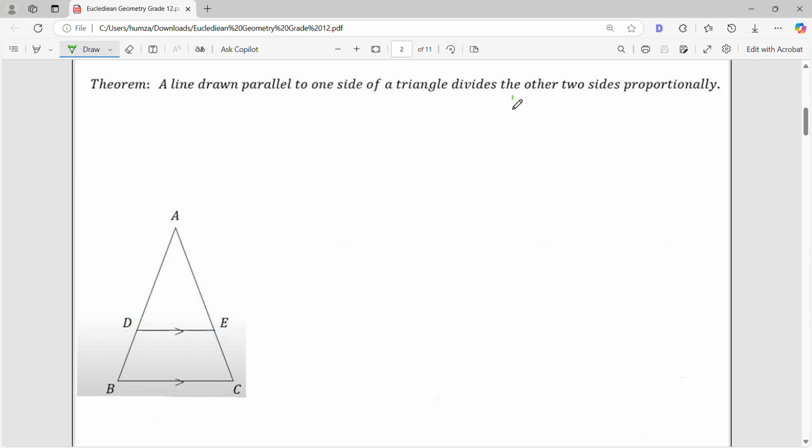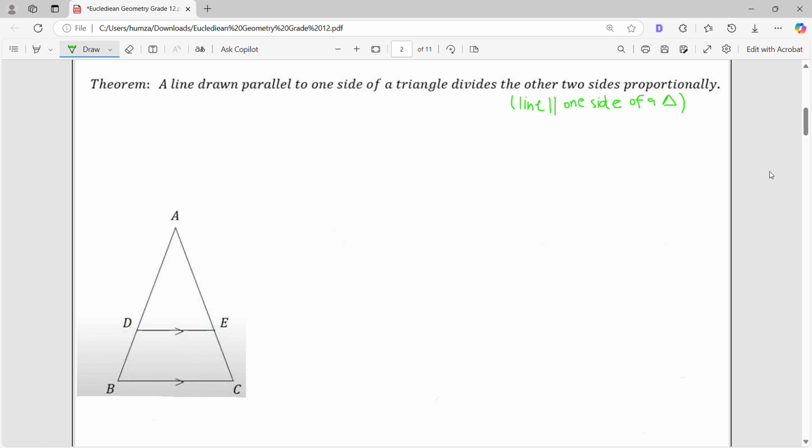We can quickly write in brackets for us to remember that these are the lines parallel to one side of a triangle.